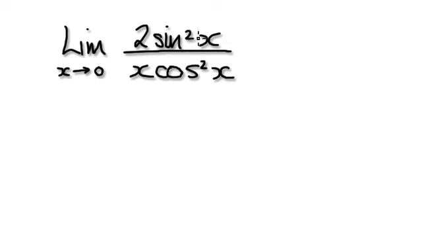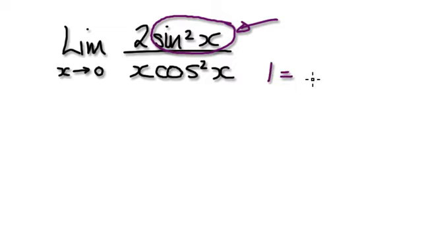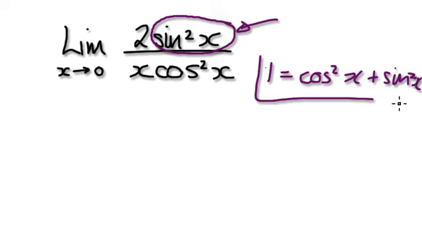Okay, when I first did this, I took the wrong road because my eyes zoomed into this bit here, and then the minute I saw this sine squared, I immediately thought about 1 equals cos squared x plus sine squared x. I don't know why, but this is the wrong way of doing it.